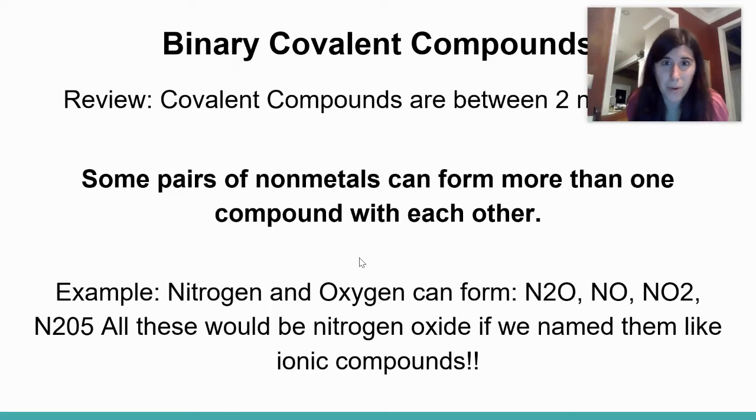That's not right. You guys don't all have the same name because you're all different people. So that's why covalent compounds need a different set of rules to identify their compounds. We're going to start by learning how to write the names, and then we're going to learn the formulas.